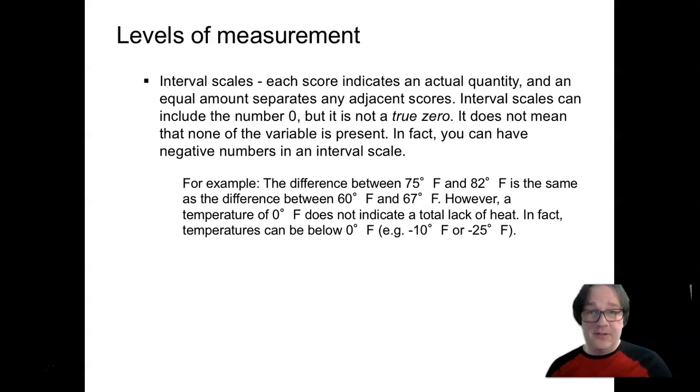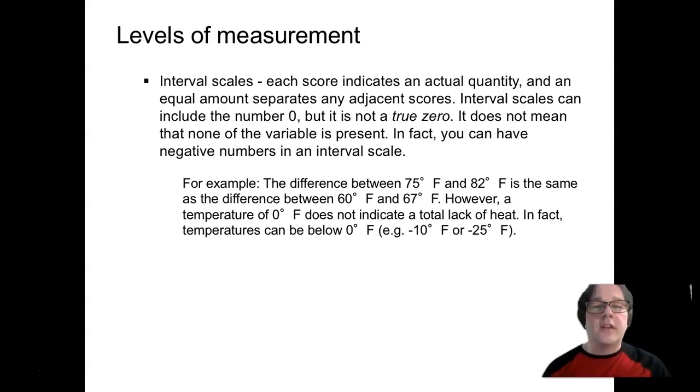So interval scales we can think of as ordinal scales, except that the interval between first and second place is the same as the interval between second and third, and fourth and fifth, so on and so forth, right? So in an interval scale, each score indicates an actual quantity, and an equal amount separates any adjacent scores.